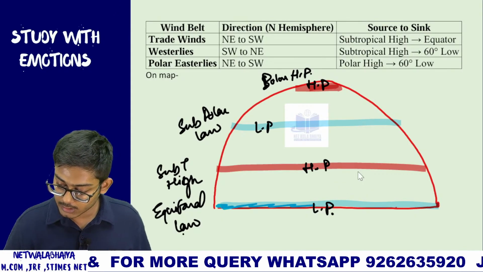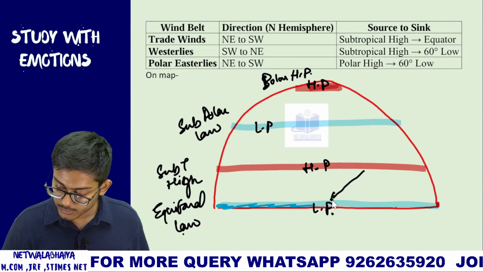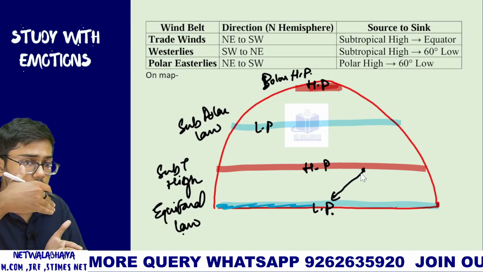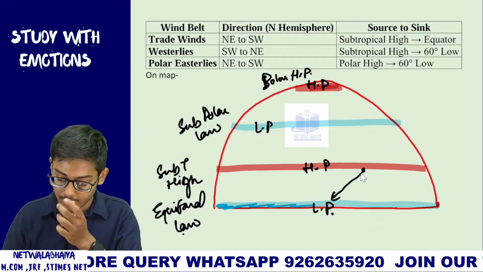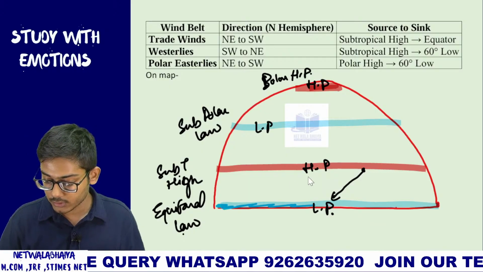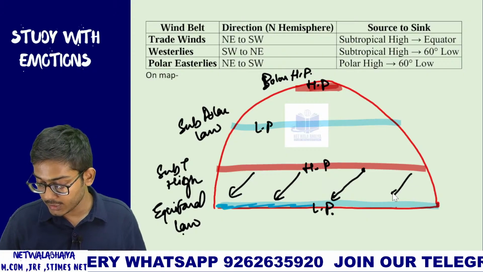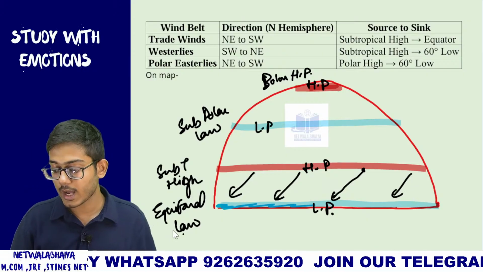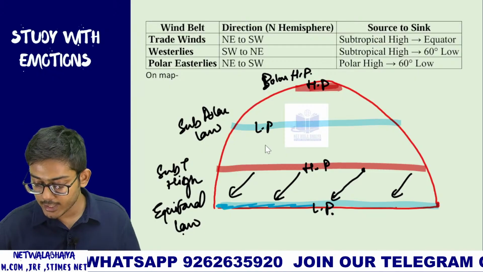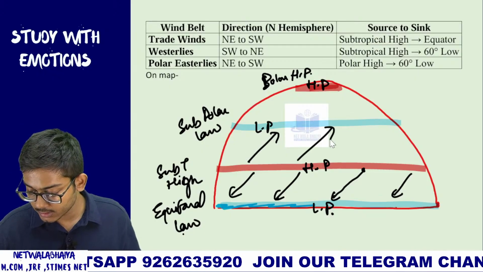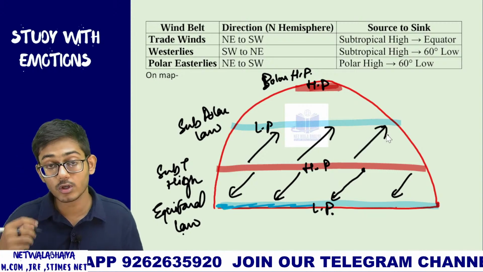It will take a turn, a right turn. See, if you stand at this location and notice, it is taking a right turn towards the low pressure belt. Okay, so these kinds of winds are formed in the belt between the subtropical high and the equatorial low. Then again from high pressure to low pressure, it will take a right turn this side because this is the northern hemisphere. The Coriolis force is in action.